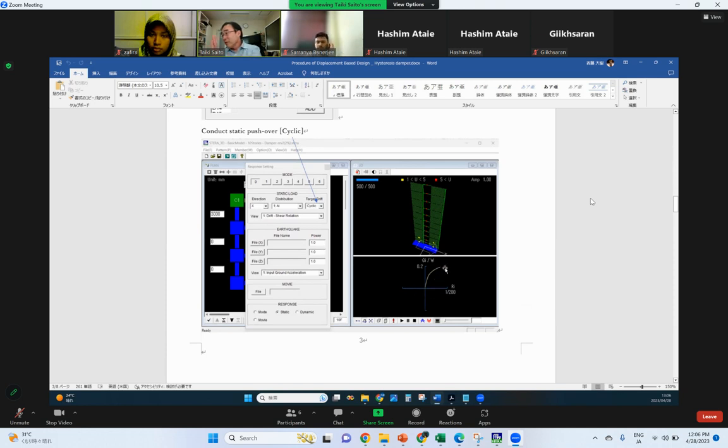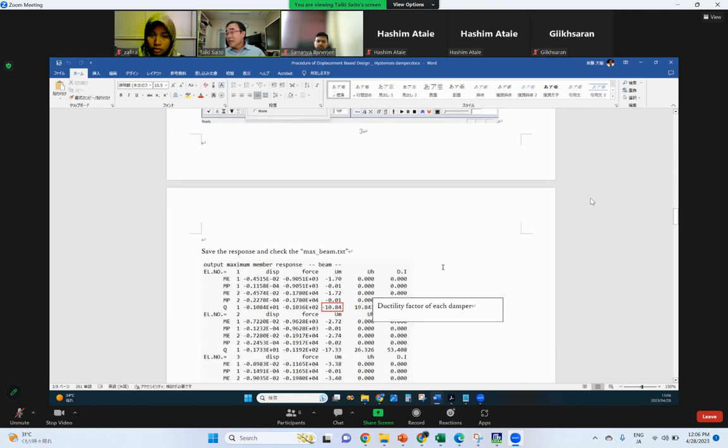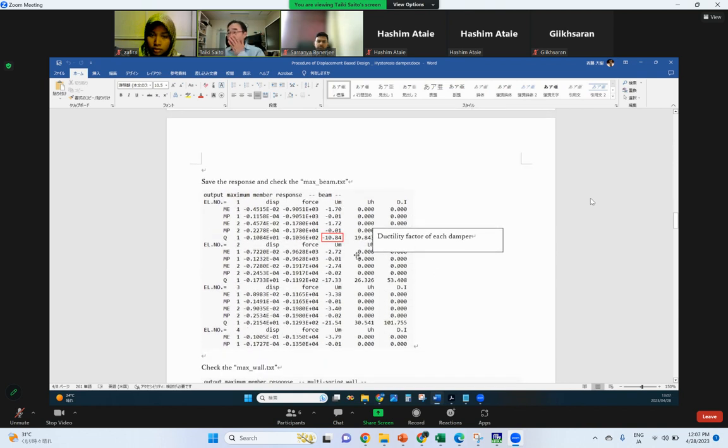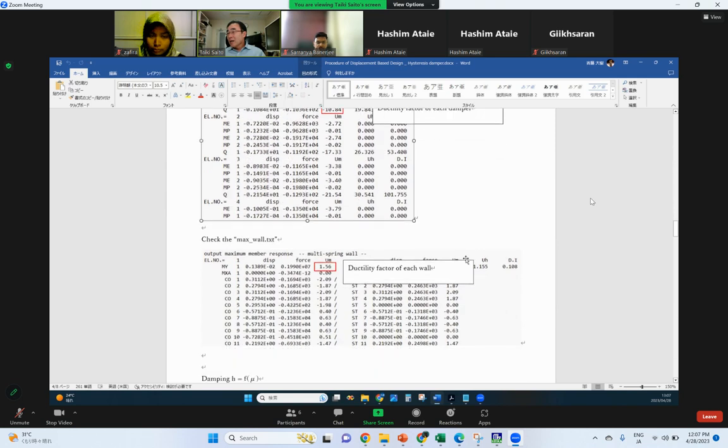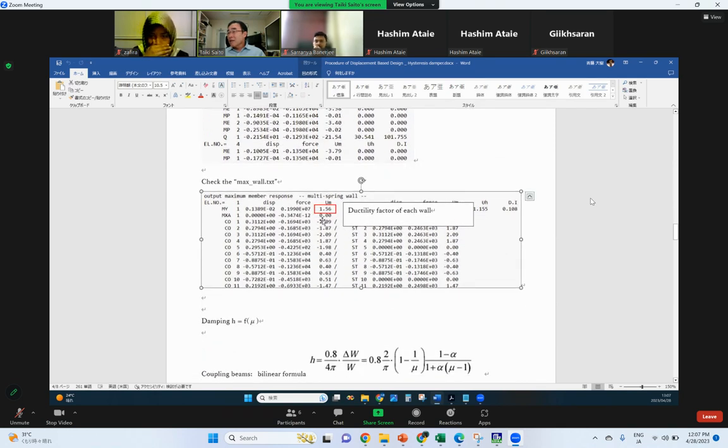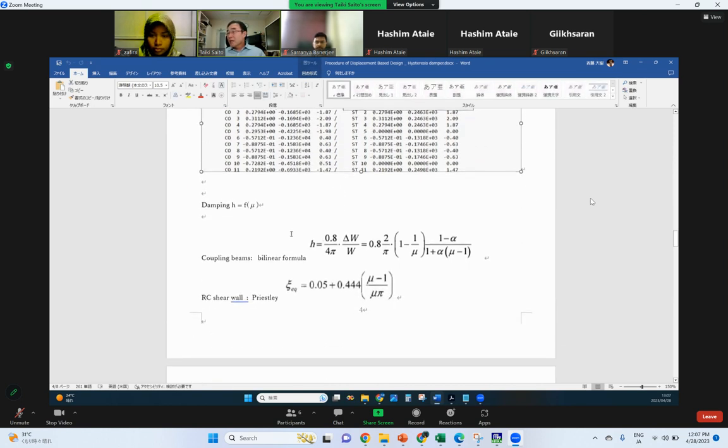We push this building basically up to the target displacement, and we check the damage of the building. So this is the damage of the beam, and we know the factor of each beam and the coupling beam, and this is the damage of the shear wall. The bottom shear wall is the most damaged. Then we can calculate the damping factor for the beam by this formula.